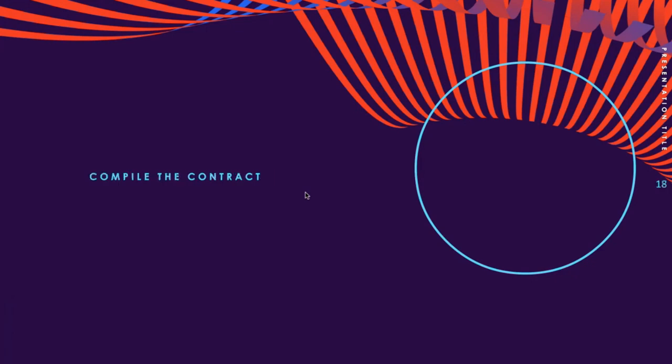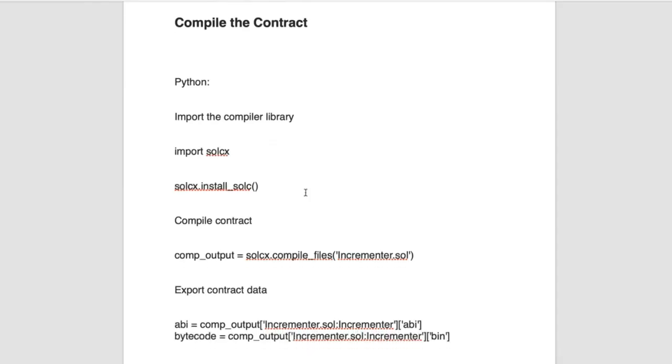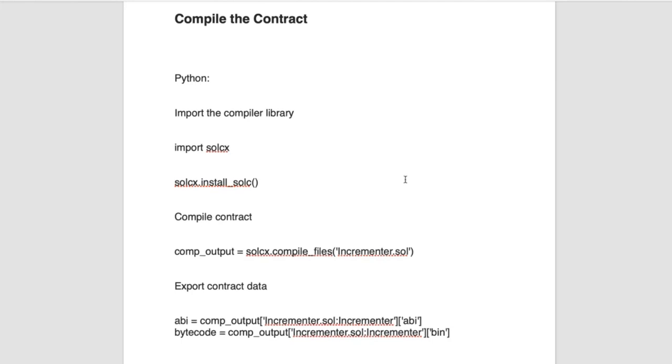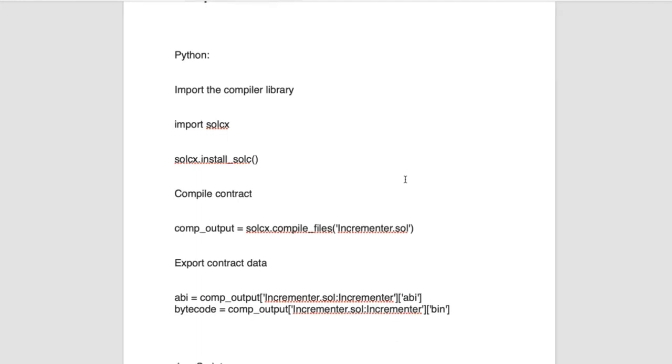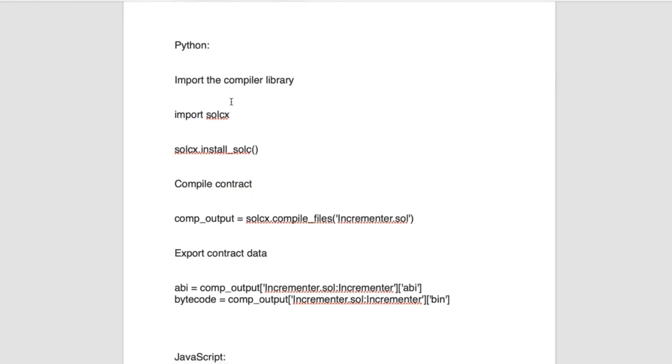After this, we're gonna compile the contract. To compile it and make sure that everything's working properly, we first need to build a script that leverages the Solidity compiler to produce the ABI and bytecode for our contract. We can first make a file, compile.py or .js, and use this code to do the compilation.